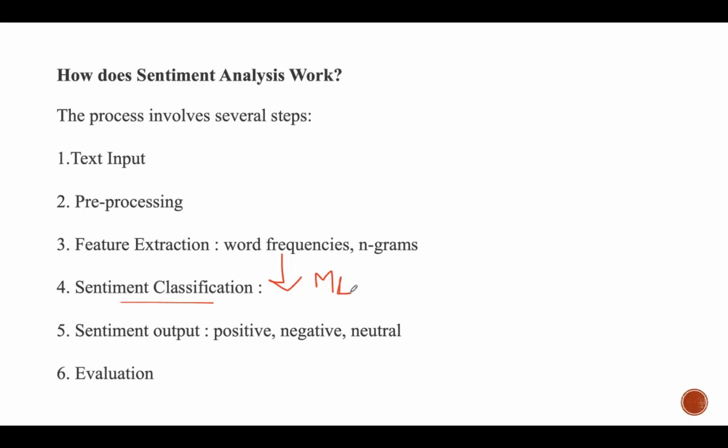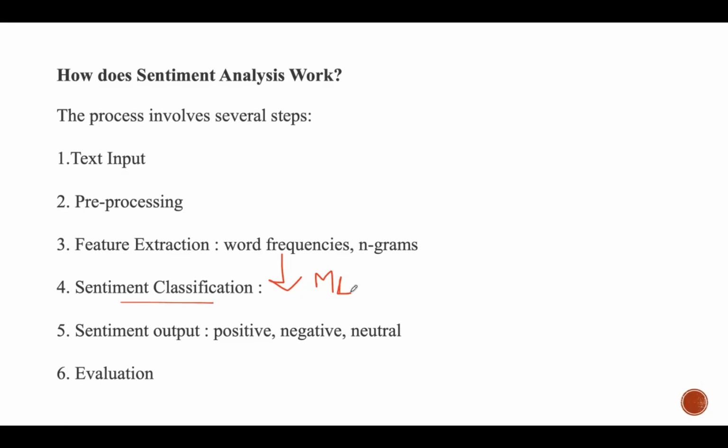There are several approaches to sentiment classification, and you can use any approach, like the lexicon based approach. In a lexicon based approach, sentiment scores are assigned to words in a lexicon, that is a dictionary, based on their polarity. The polarity here means it can be positive, negative, or neutral. Then the sentiment scores of individual words are aggregated in order to determine the overall sentiment of the text.